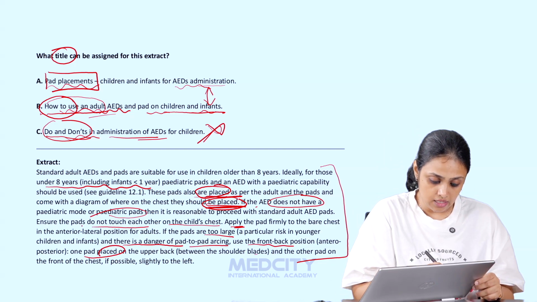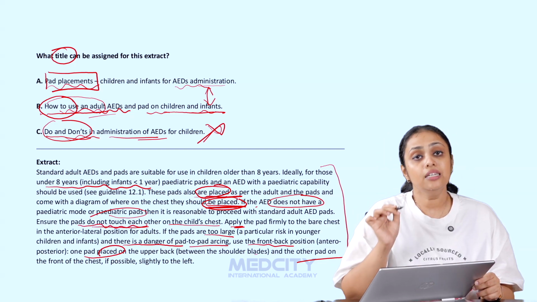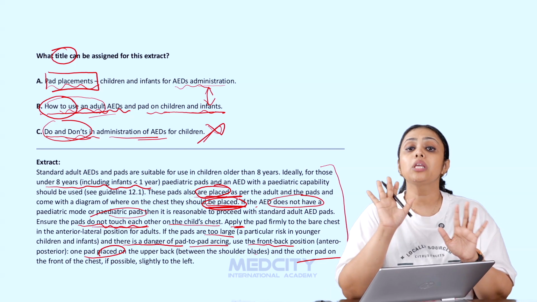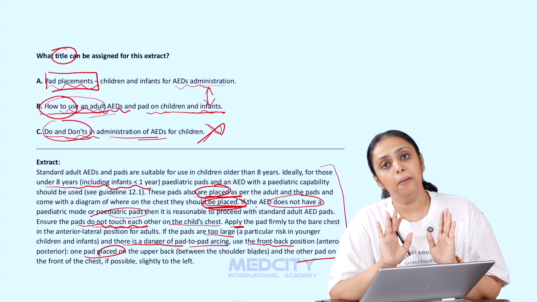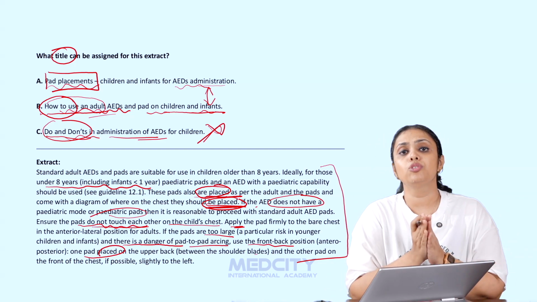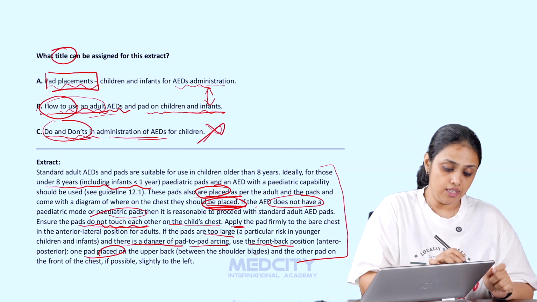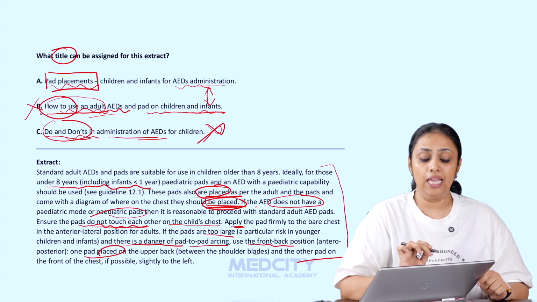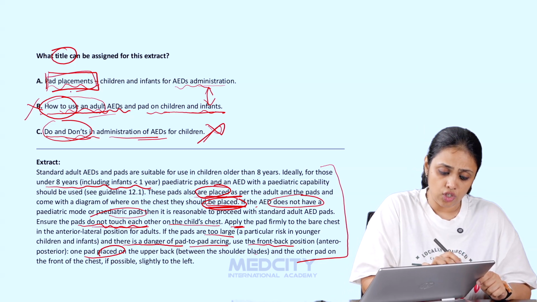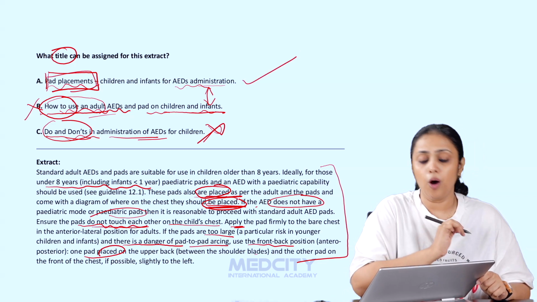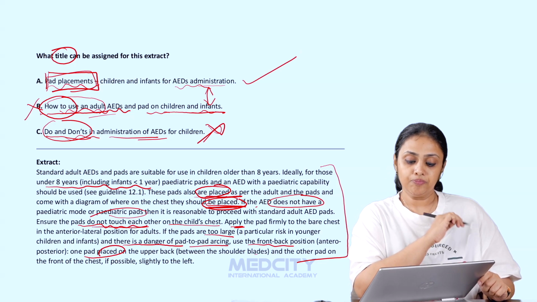Another thing mentioned here is to ensure the pads do not touch each other. So it's all about where to place the pads, and it's not about the general usage of an adult AED for children. So option B can also be eliminated. It is very specifically talking about the pad placement, so option A is the right answer.